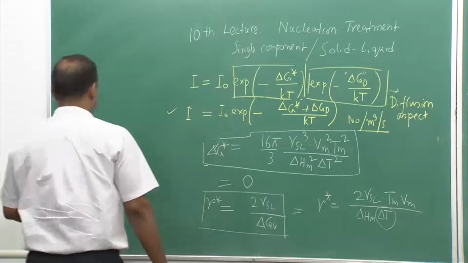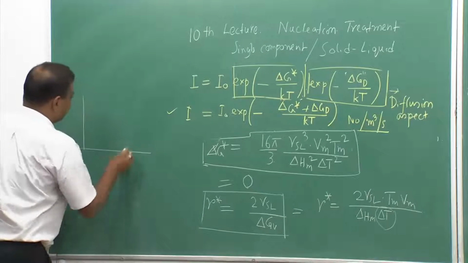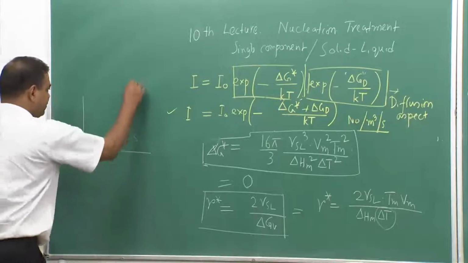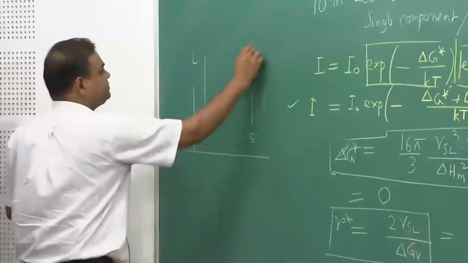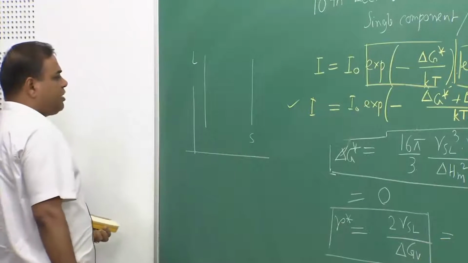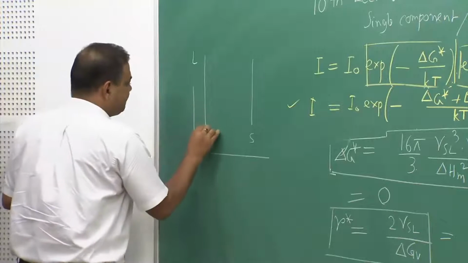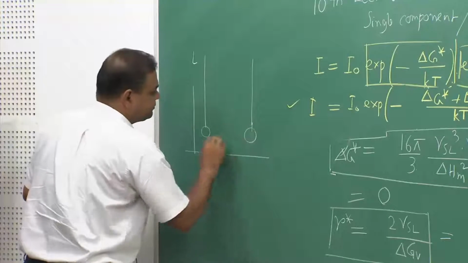Now, if we try to see its evolution, let us say this is my solid surface and this is my liquid surface. Let us assume that they have an interface like this. Now, liquid atom position is this and solid atom position is this.